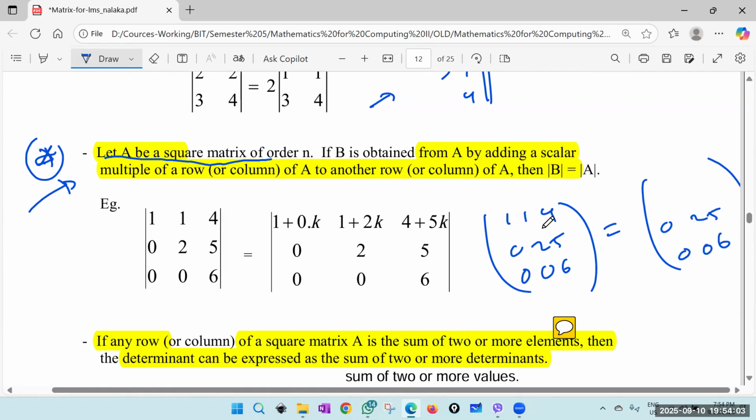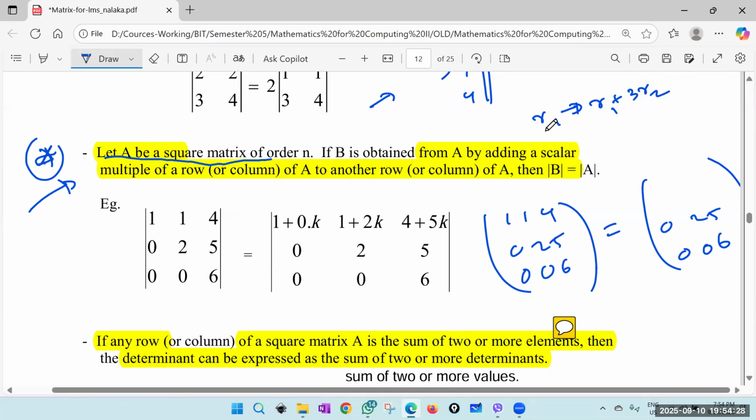0 2 5, 0 0 6. Now what we are going to do is replace this row by this row plus a constant times any other row. For example, I can say row 1 becomes row 1 plus 3 times row 2.